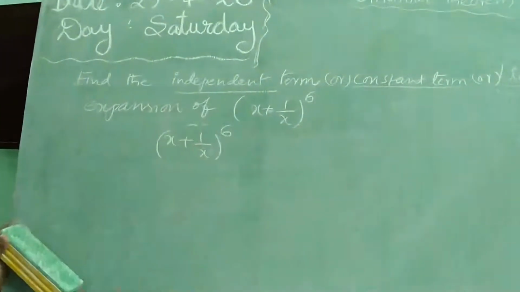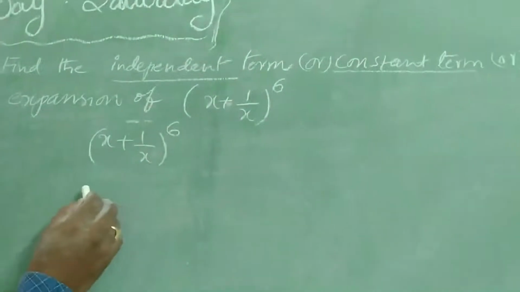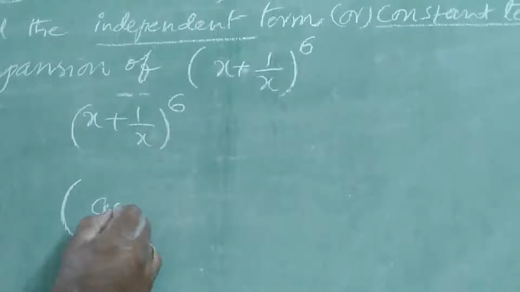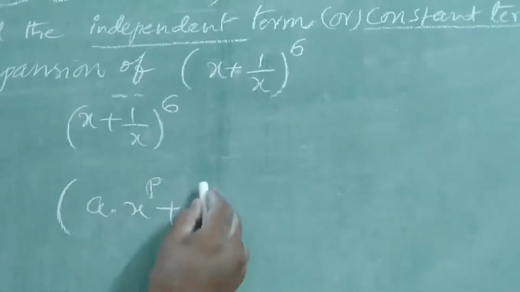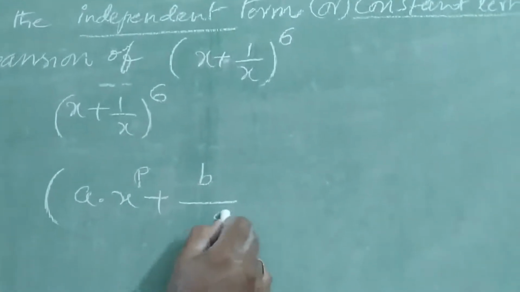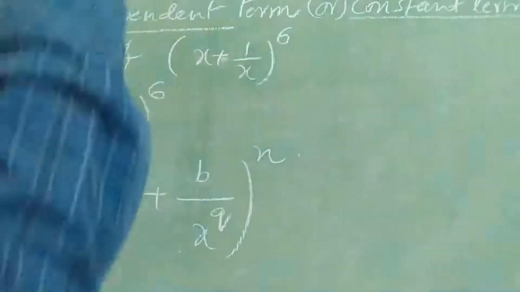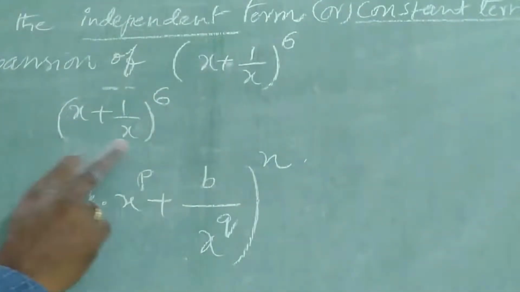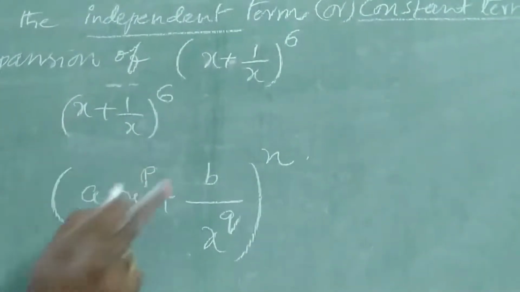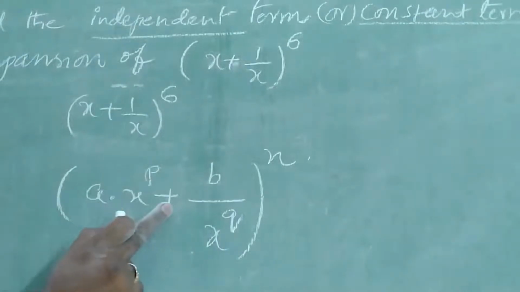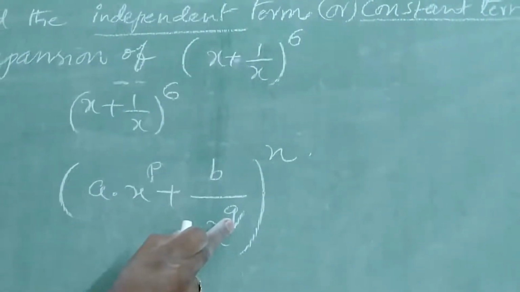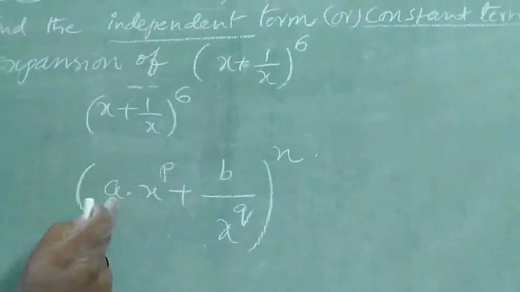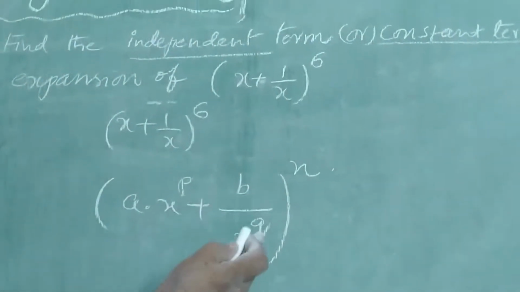Before using the shortcut, first express the given binomial in the form of (a into x to the power of p plus b by x to the power of q) whole to the power of n. Now compare the given binomial with a into x to the power of p plus b by x to the power of q.